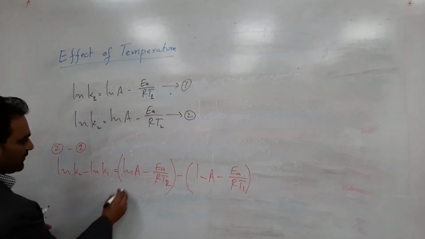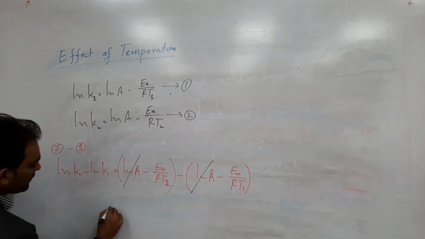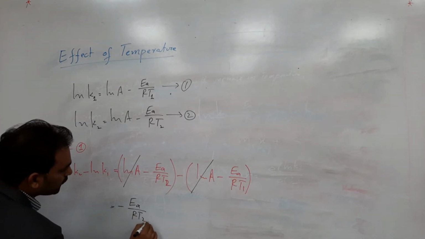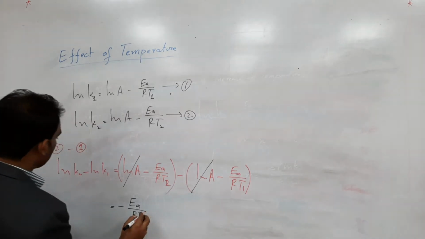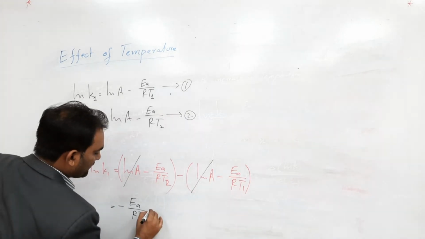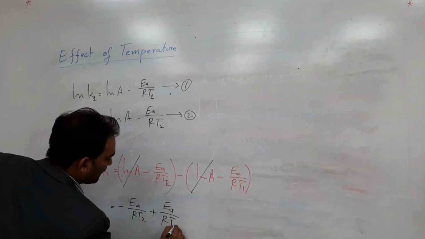For this case, this will be cancelled with this, and you have minus EA over RT2 plus EA over RT1.